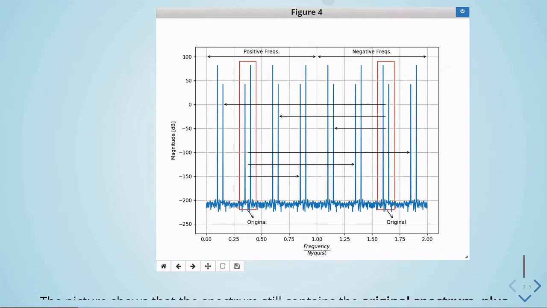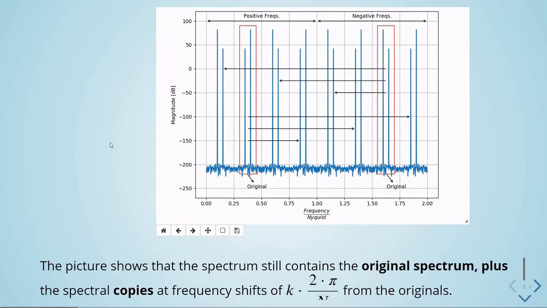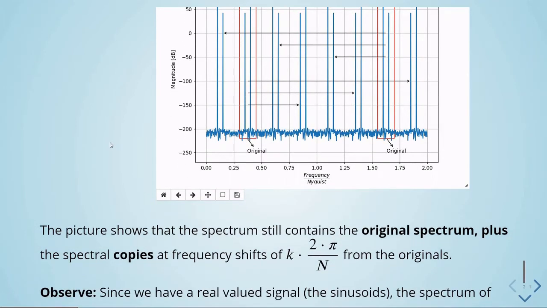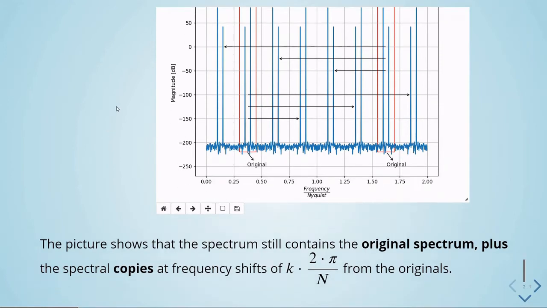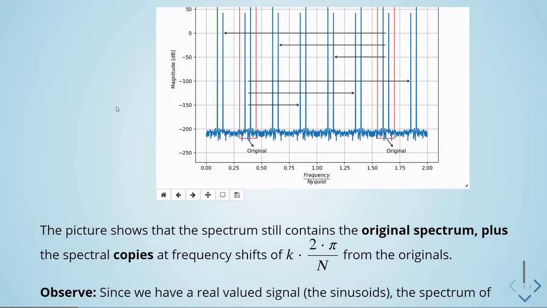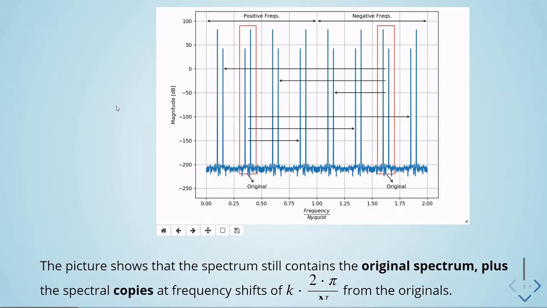These were our original signals, and we have all these spectral copies at frequency shifts of k times 2 pi divided by N from the originals. These are the aliasing components, the shifted multiples of the original.